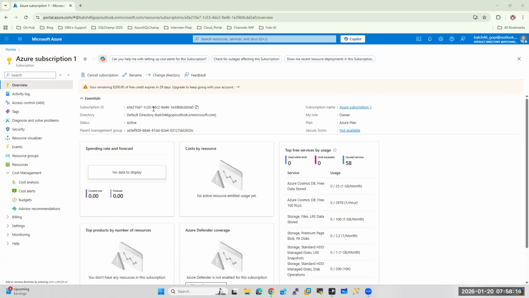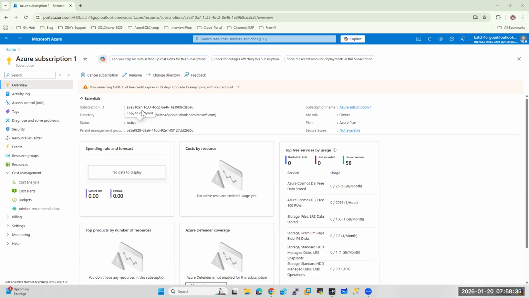When you are using any command line, you should not use the subscription name. You must go for the subscription ID only, for the subscription on which I am going to deploy the service. This is very, very important.